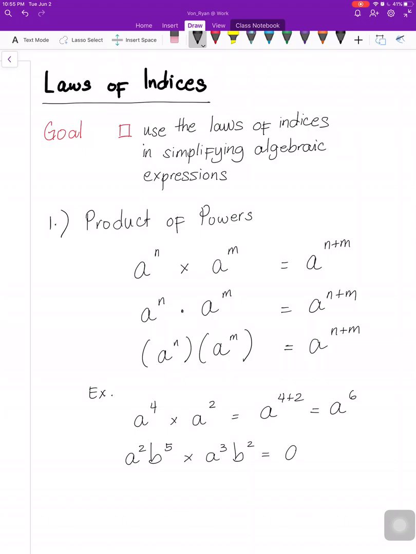So you have a raised to 2 plus 3, because the indices of a are 2 and 3, and then b raised to 5 plus 2. So our final answer is a raised to 5, b raised to 7. You add the indices of a and the indices of b. So that's the product of powers.